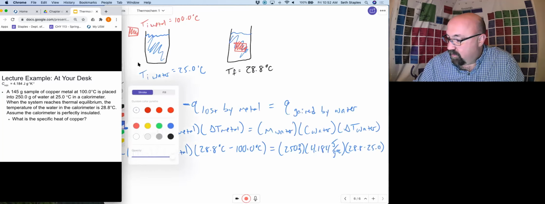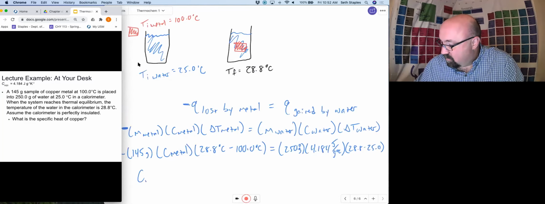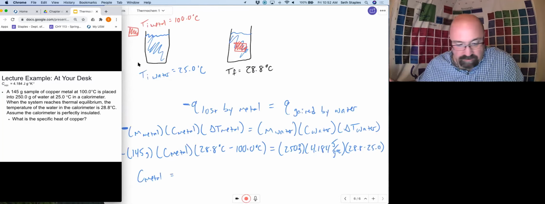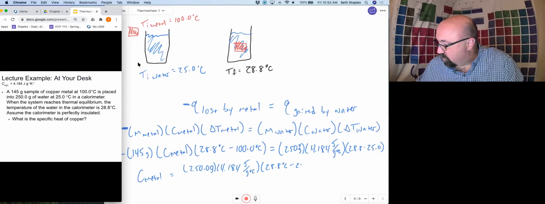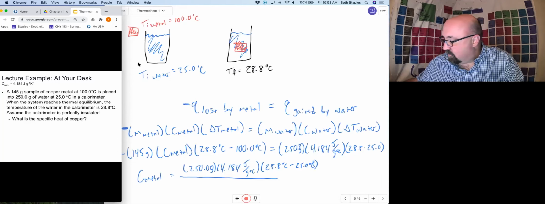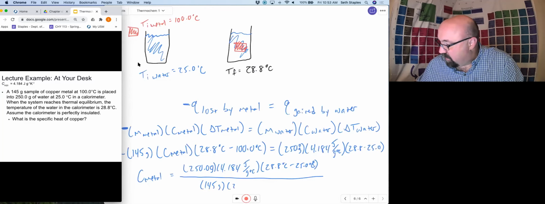So I end up with C of my metal equal to 250.0 grams times 4.184 joules per gram degree C, 28.8 minus 25.0 degrees C, all divided by 145 grams, and my temperature change of my metal.